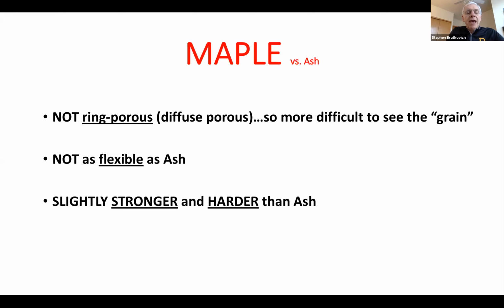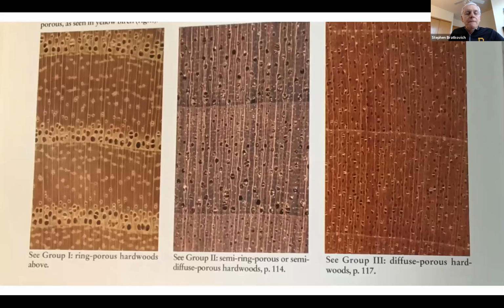It's not as flexible as ash, even though it is slightly stronger and slightly harder than ash. So maple had some things going for it, but not everything going for it. And next picture, if you took a piece of wood and looked at it through a microscope, this is what we call ring porous.